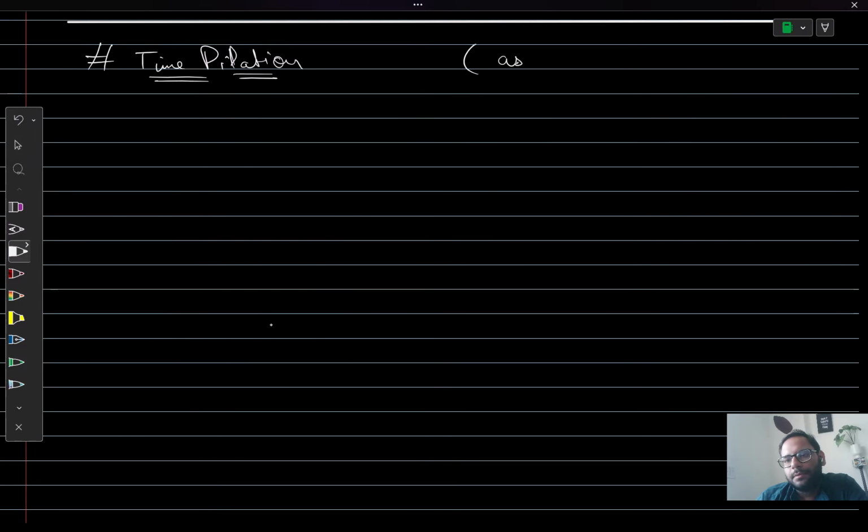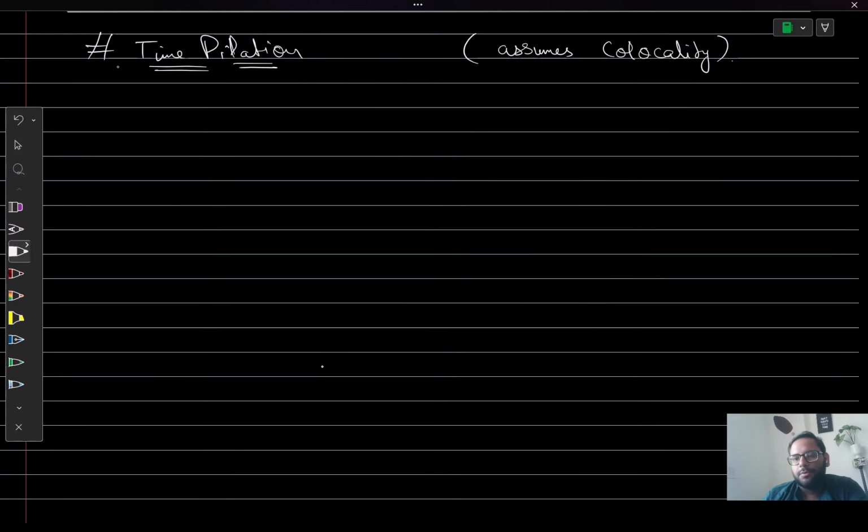It assumes co-locality. To see the time dilation perfectly, you need to assume co-locality.